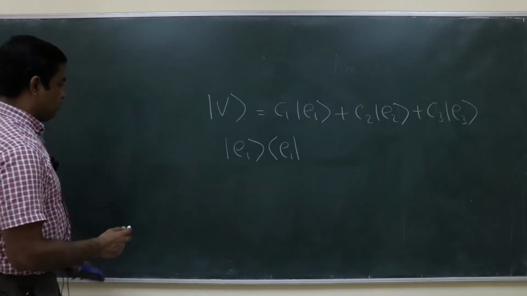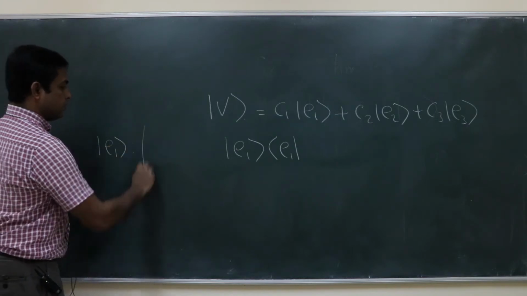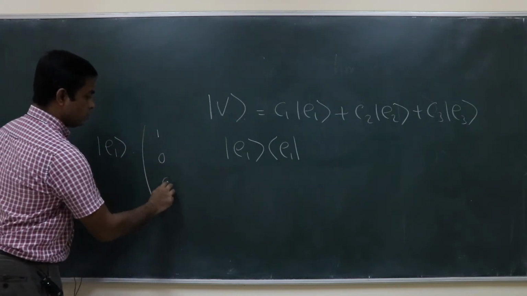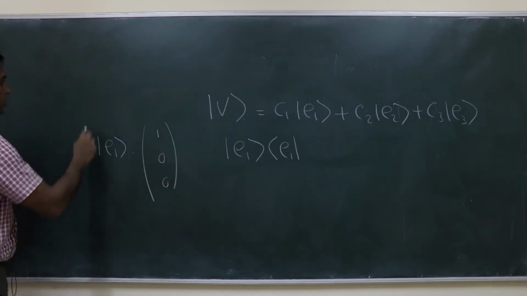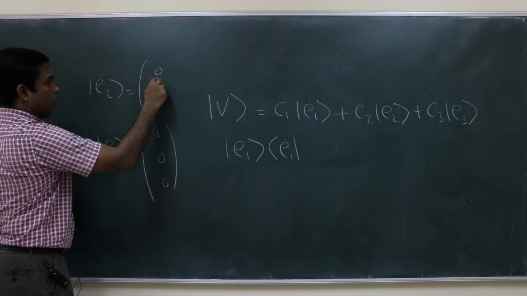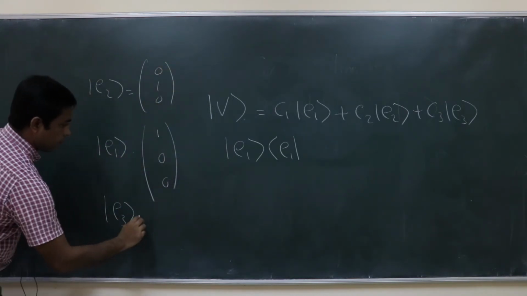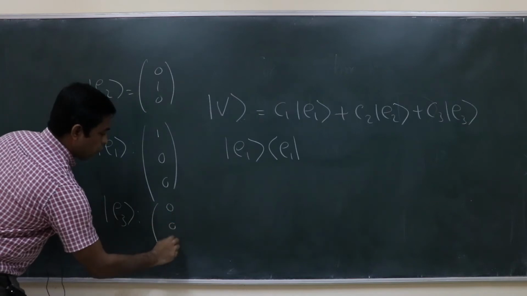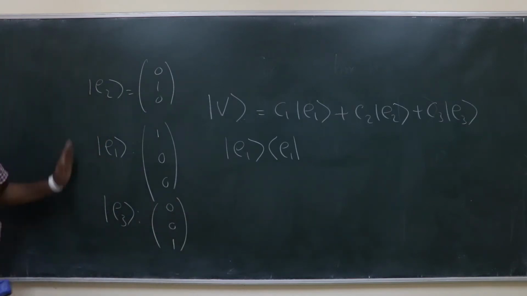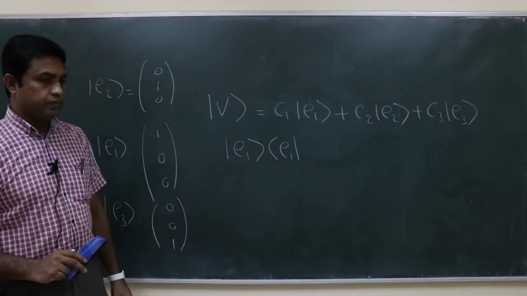What is ket E1? Ket E1 as a column matrix is 1, 0, 0. And ket E2 is 0, 1, 0. And ket E3 is 0, 0, 1. If that is the case, what is ket E1 bra E1?